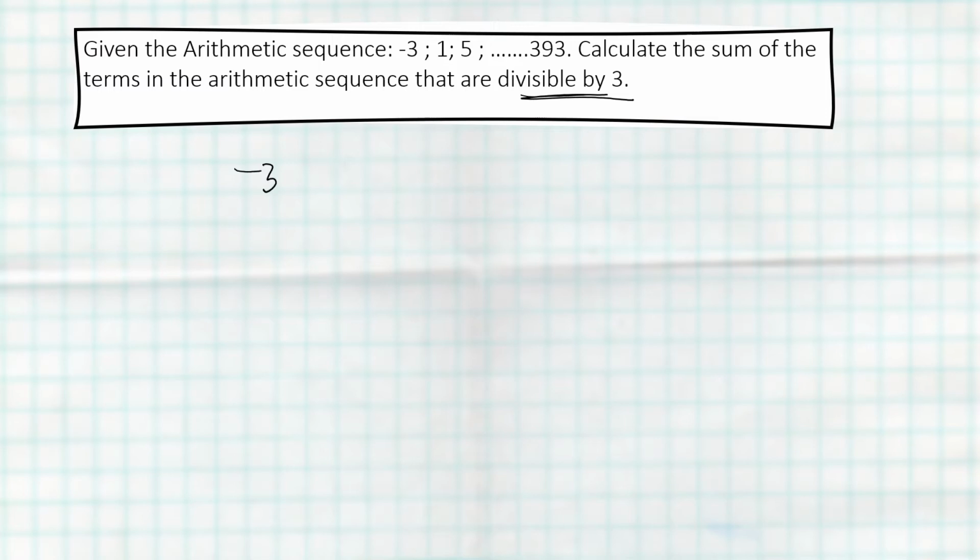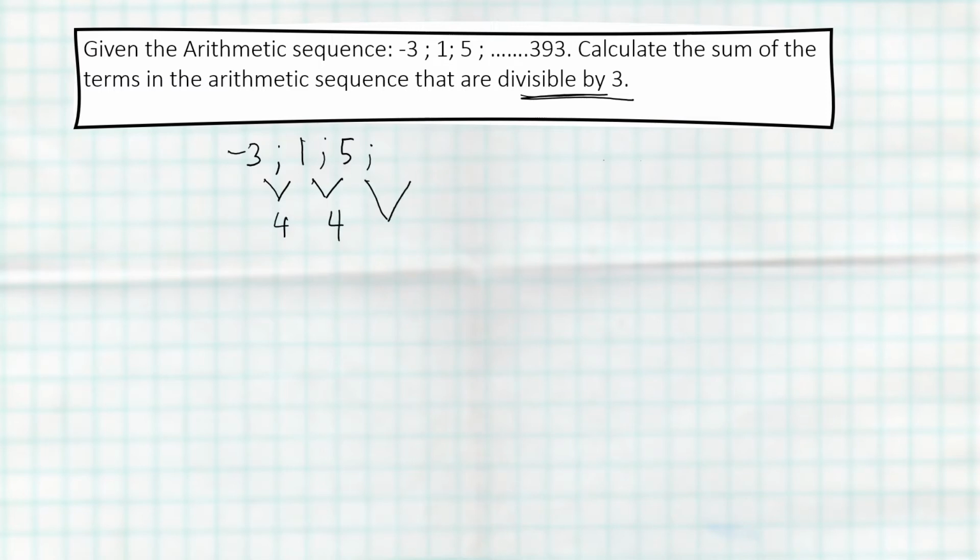Then we can move further with that sequence, so that we have this sequence of terms that are divisible by 3. What's the difference between the terms? They told us it's arithmetic, so 1 minus minus 3 gives me 4. 5 minus 1 is 4.